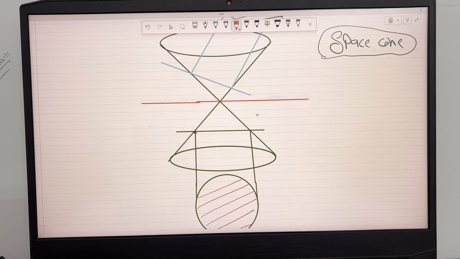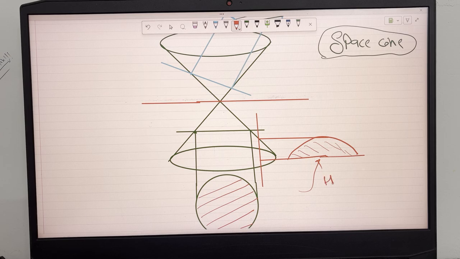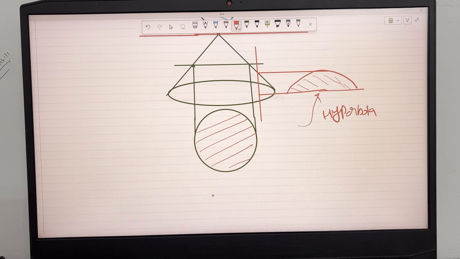Let's see. If you cut this, you will get some kind of hyperbola. Some kind of hyperbola. This is your ellipse, sorry, circle.